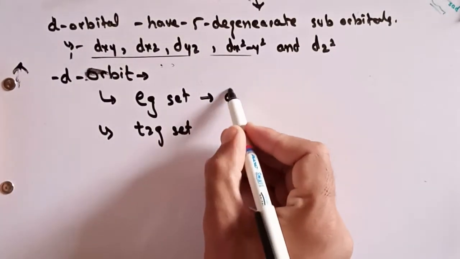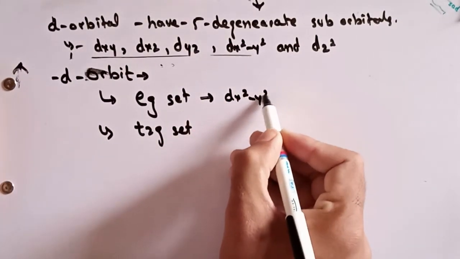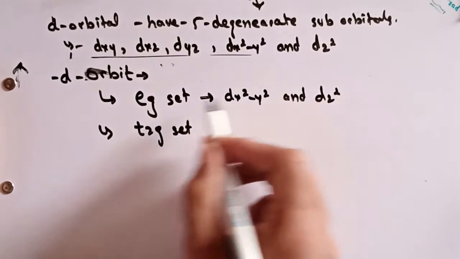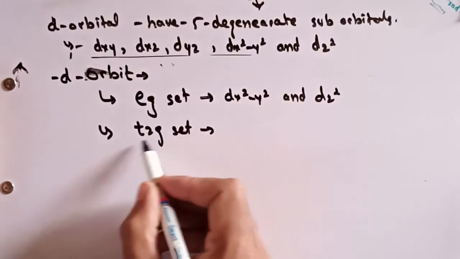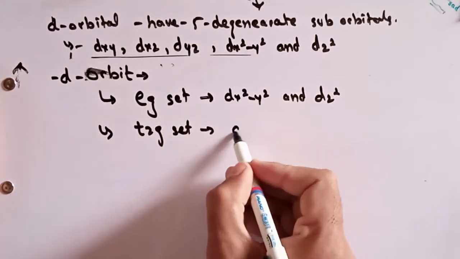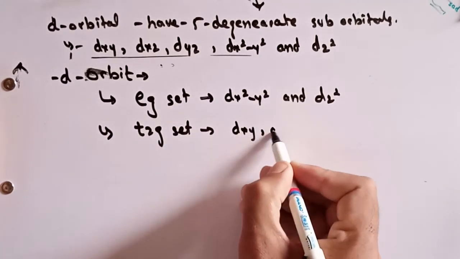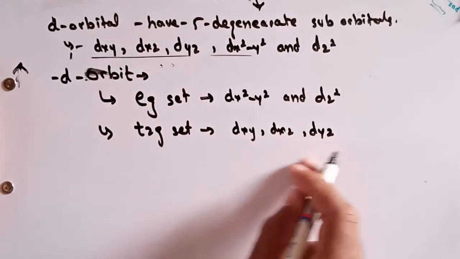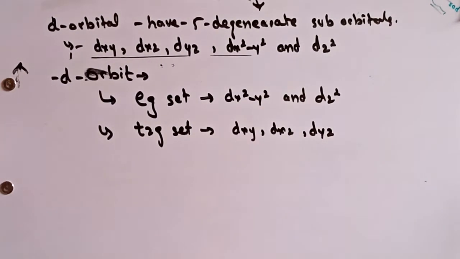The dx square minus y square and dz square are categorized in the eg set, while the remaining dxy, dxz, and dyz are categorized in the t2g set.